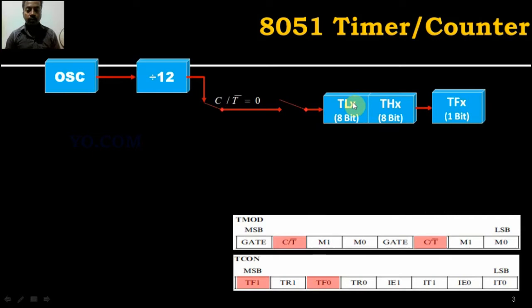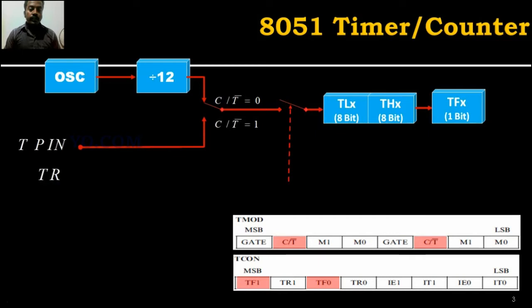For example, if the count value is 10, it decreases to 9, 8, 7 like that. When it reaches 0, at that time TF becomes 1, indicating that the count value has overflowed.